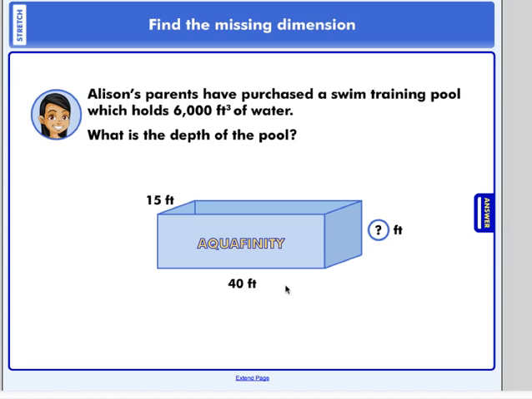So we know that 600 times something is going to equal 6,000. How can we figure that out? Yeah, take 6,000 and divide by 600. If you do that, you can figure out that your height would be 10 feet.